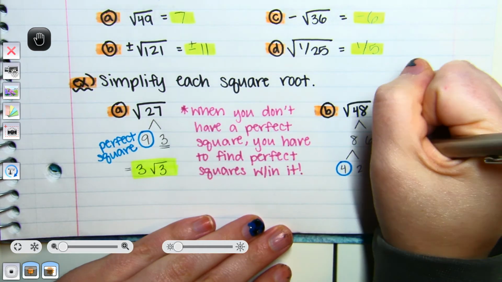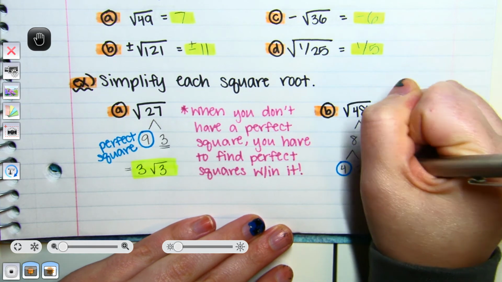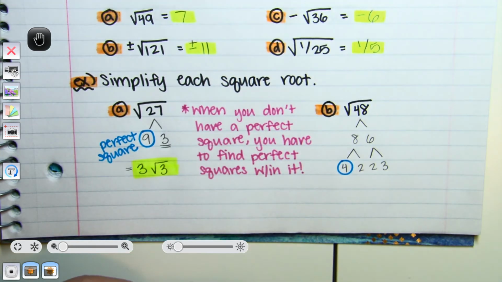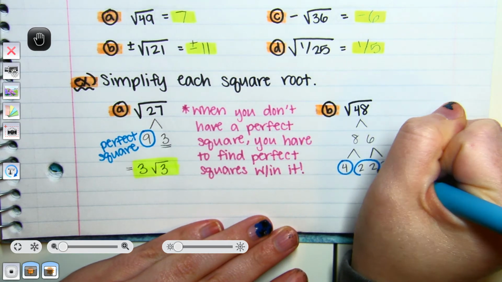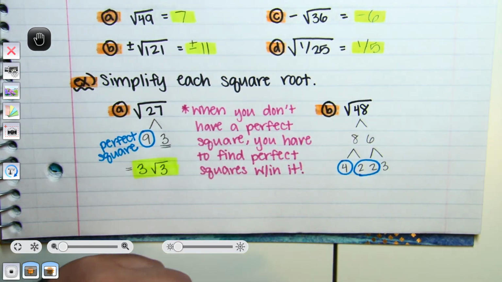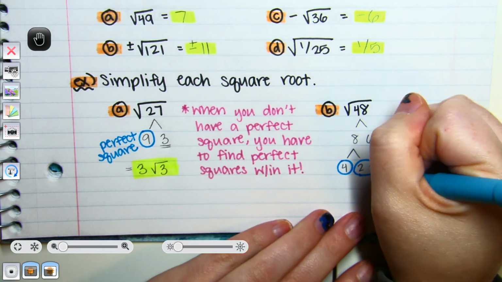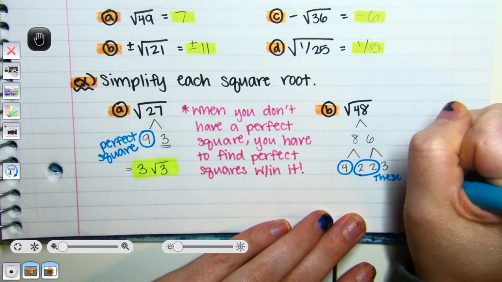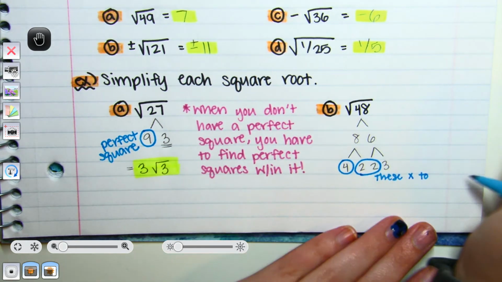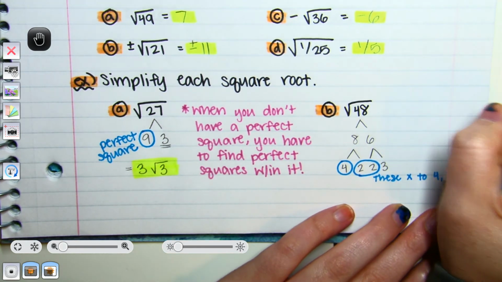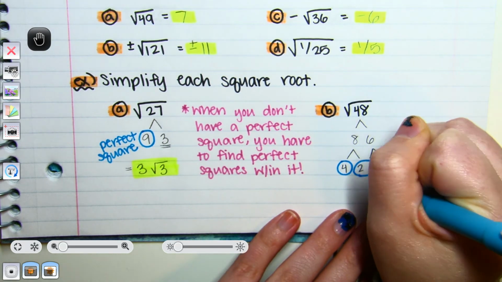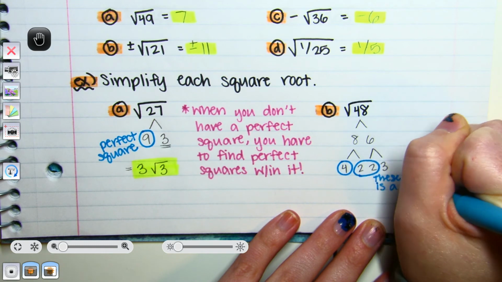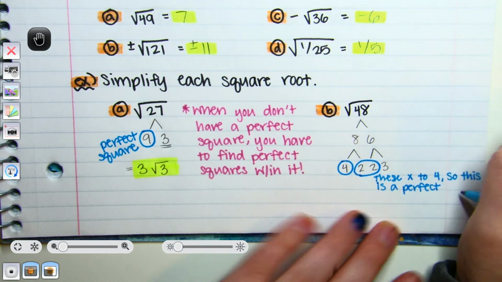And then 6 is 2 times 3. So we just found another pair, which will give us a perfect square. I'll write a little note for that. So these multiply to 4. So this is a perfect square.